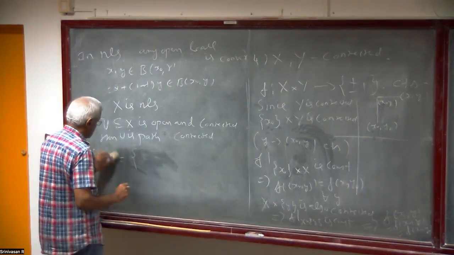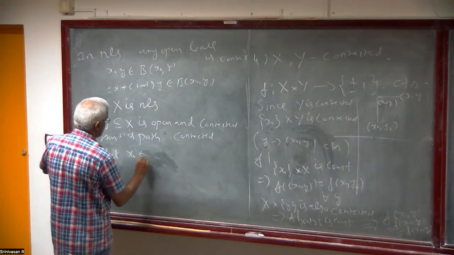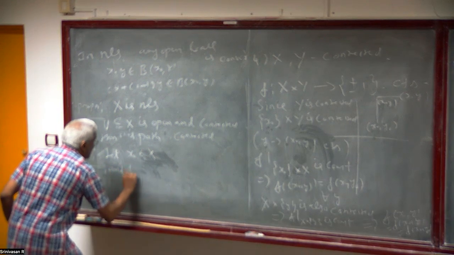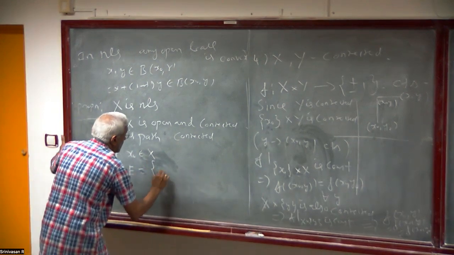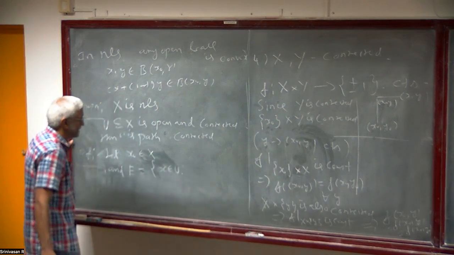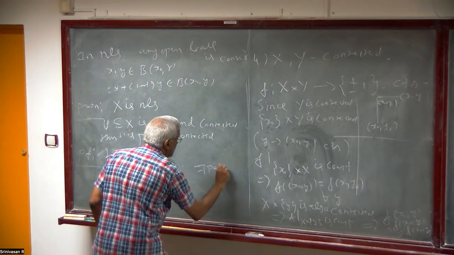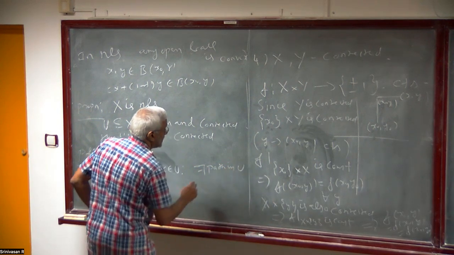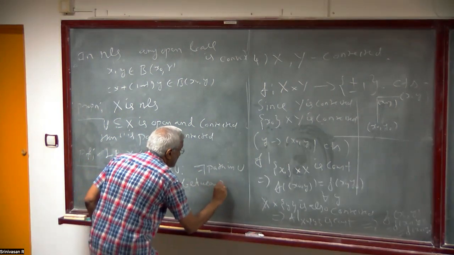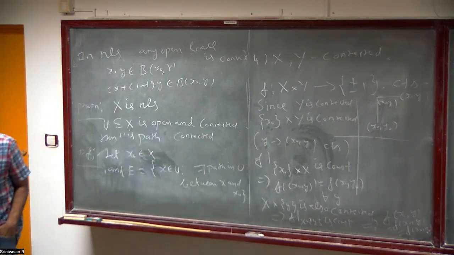So let's fix some arbitrary point x naught in U. Let E equal all those x in U, the open set, such that there exists a path in U, of course, between x and x naught. You collect all those points.